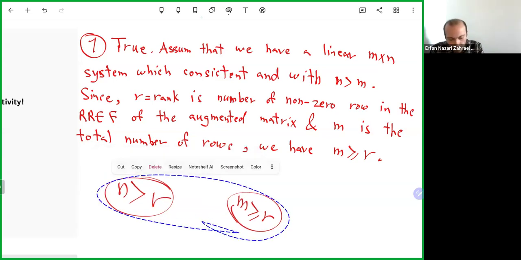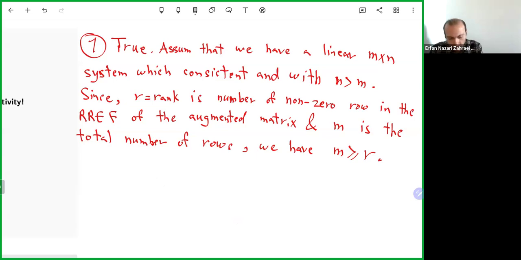Then let me conclude that, combining this and this, actually I have n more than r. So we have n more than m, more than or equal to r, or n more than r.